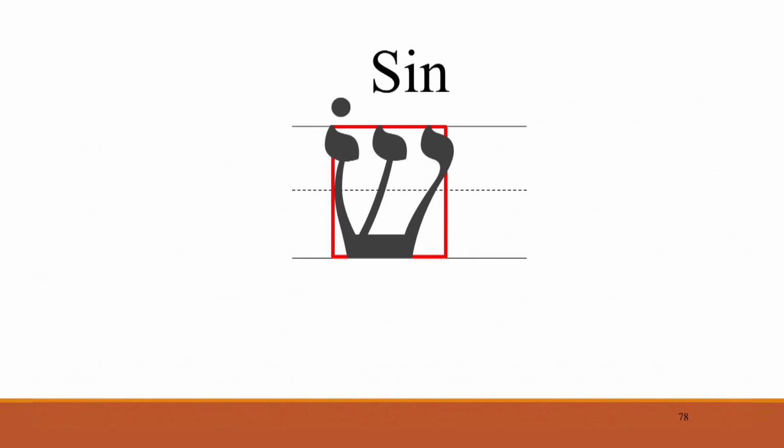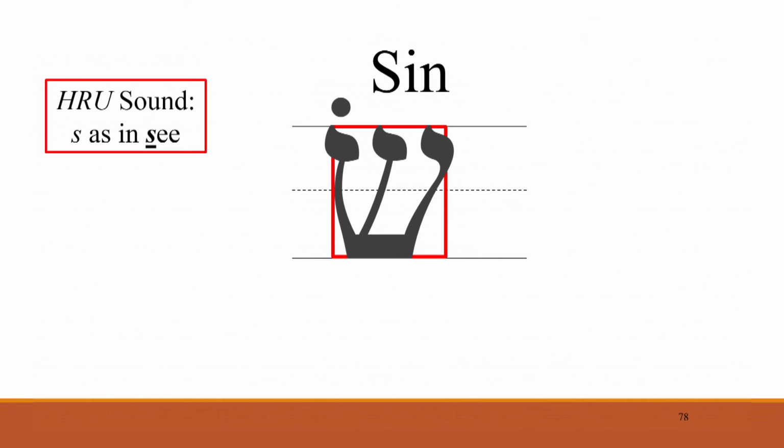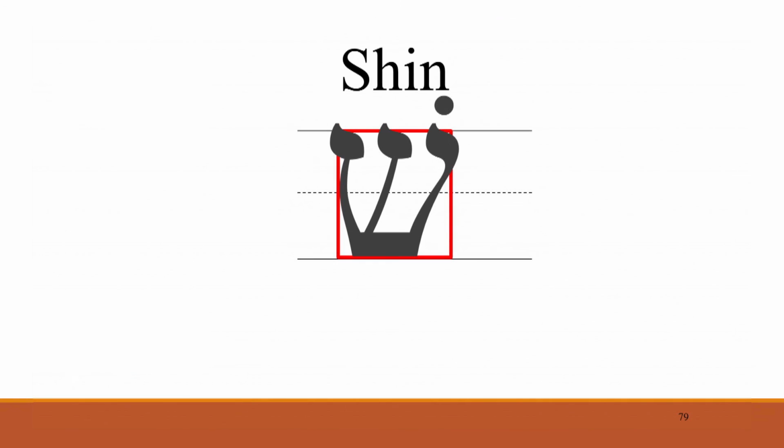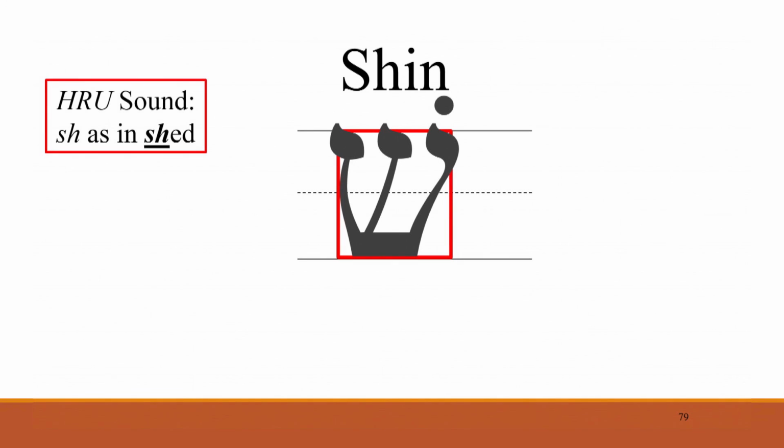This is the sin. The sound that it makes is s, as in see. And this is the same as in modern Hebrew. So there's no distinction in sound between the sin and the samech. The next letter is sheen, and there you see the dot above the right-hand shoulder. Remember, sheen is right. The sound is sh, as in shed.